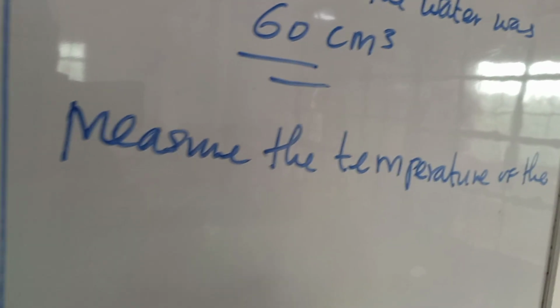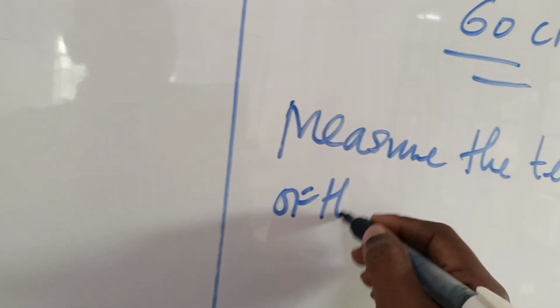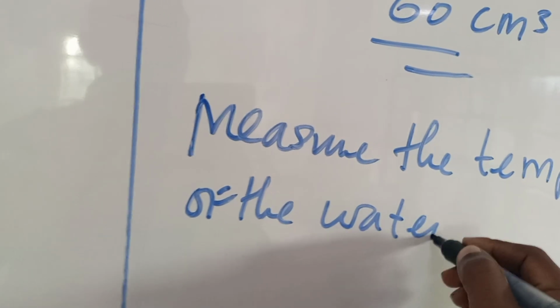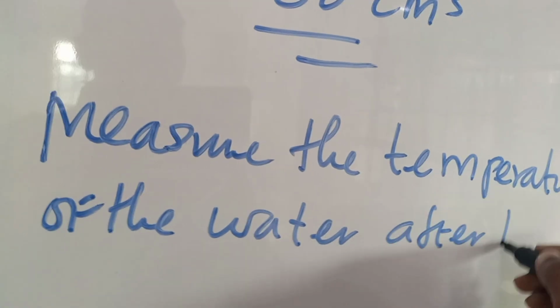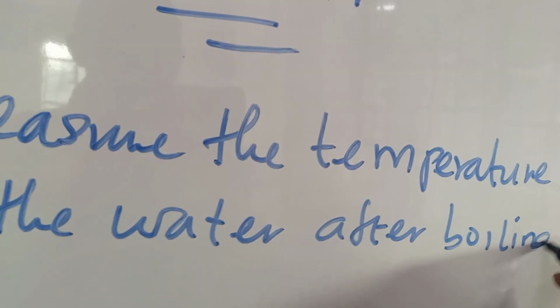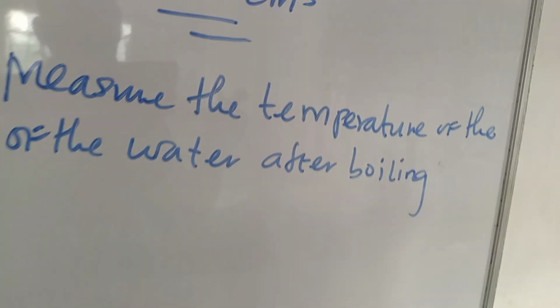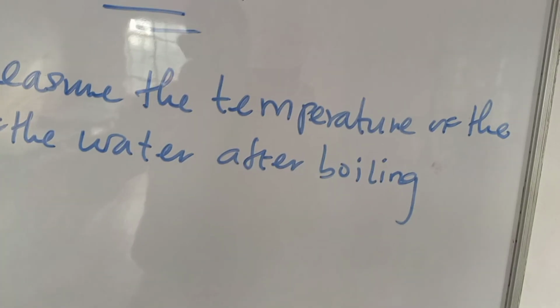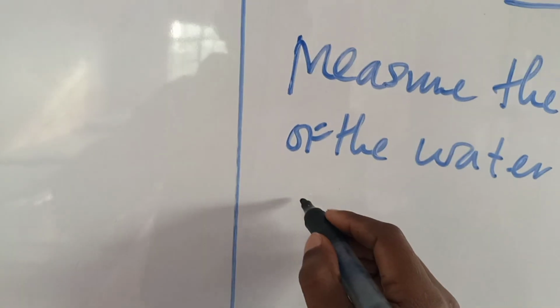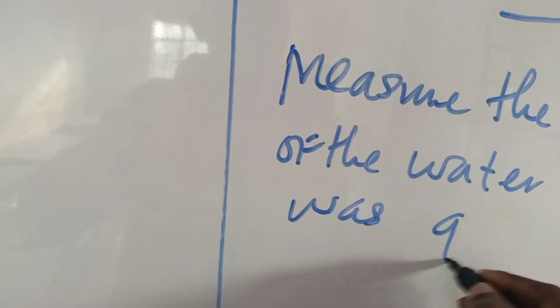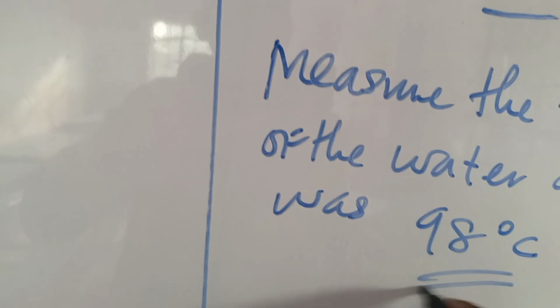Measure the temperature of the water after boiling. For me, the temperature of the water after boiling was 98 degrees Celsius.